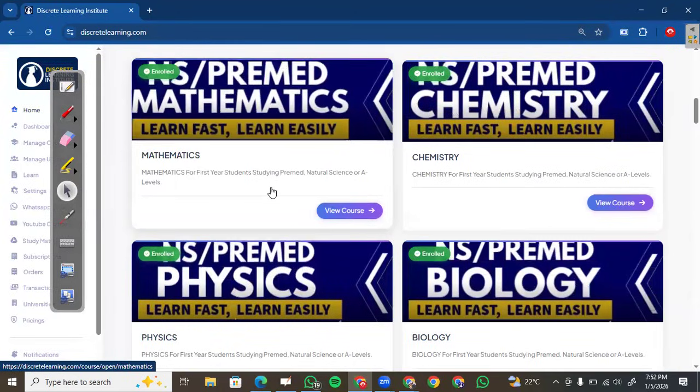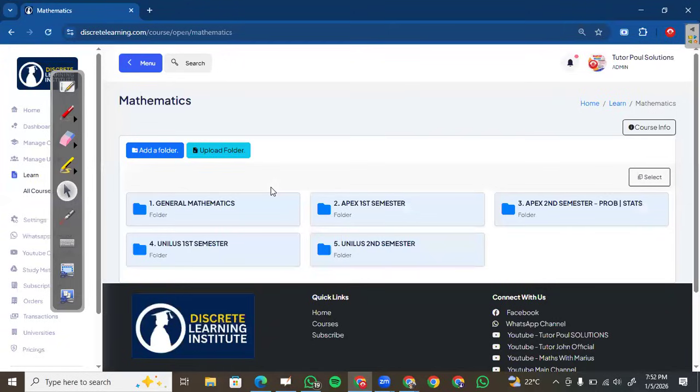So for example, if you go in math, so we are doing math, right? We are doing remainder theorem, factor theorem. We already did those things, and full videos are there that you can use to learn. And we also have tutorial sheets and past papers. So you can open this course, mathematics, and then you go in the general mathematics folder.